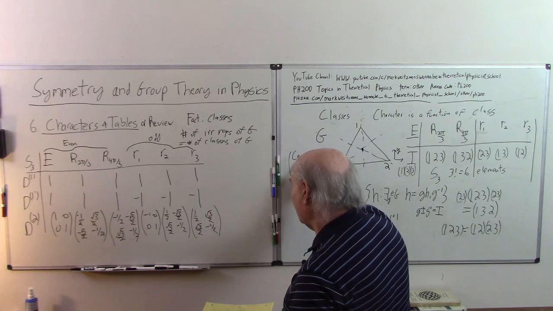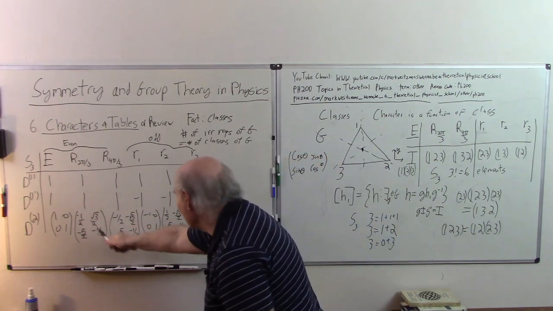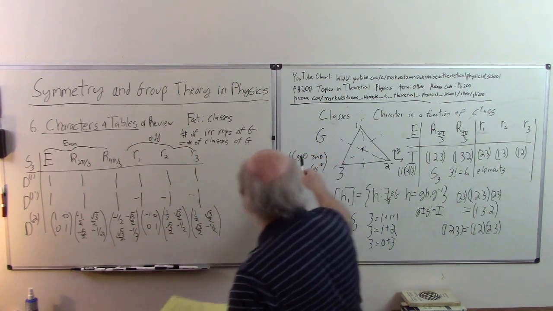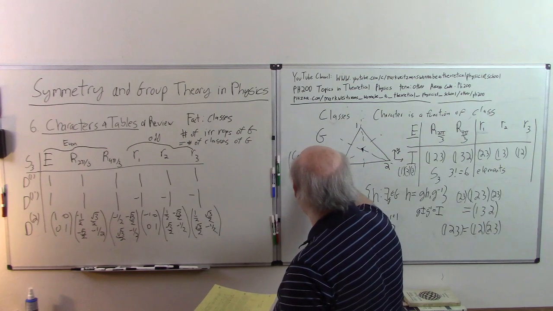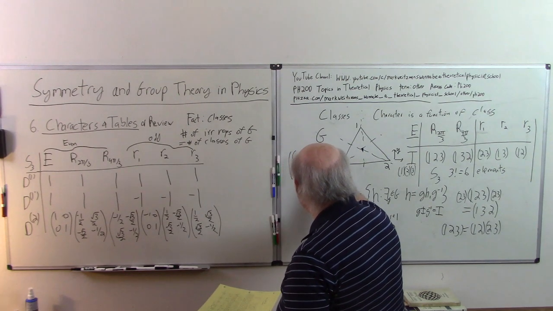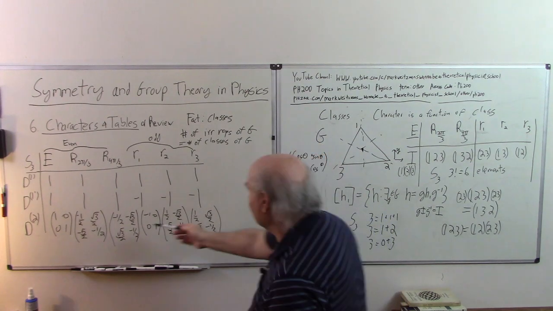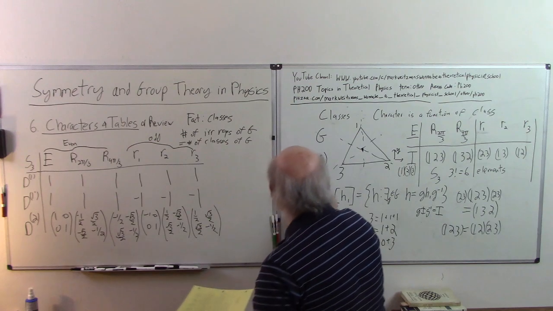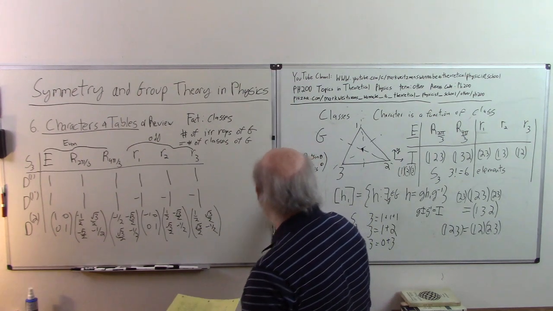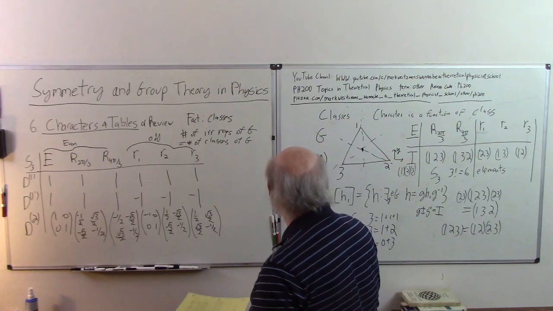So cosine theta is minus 1/2, and you can see that for both of these. And then sine theta is plus the square root of 3 over 2. So I'm going to put plus here and minus here. So this thing corresponds to that. When we do 240 degrees, it corresponds to that. So that takes care of the 2 rotations.